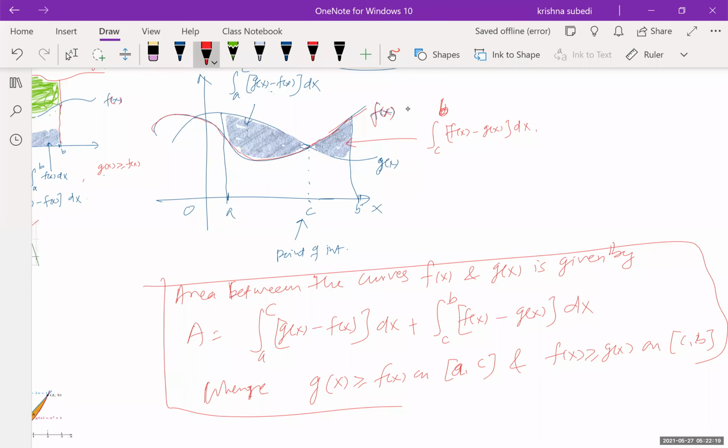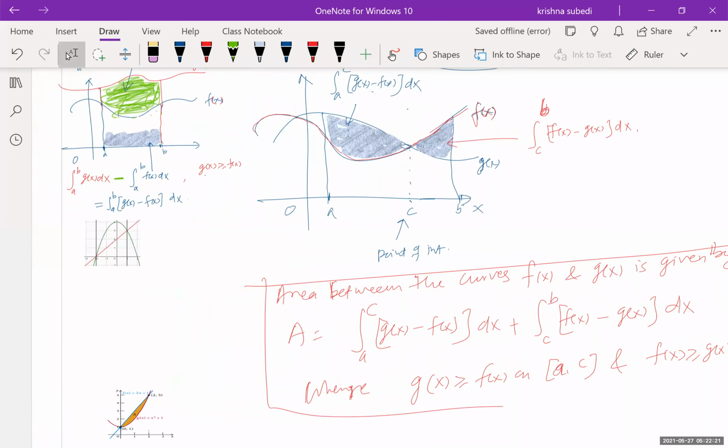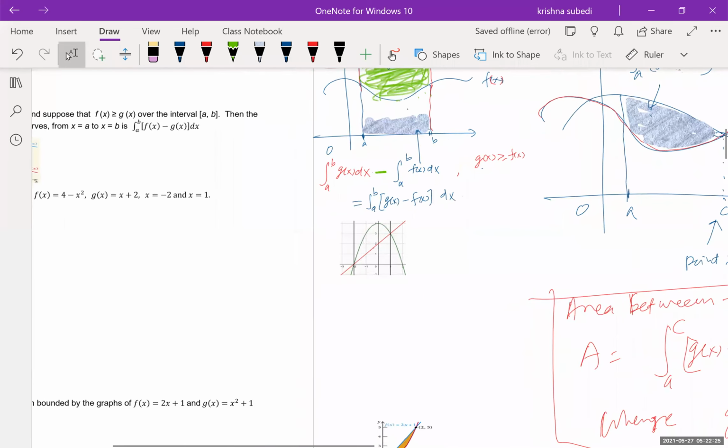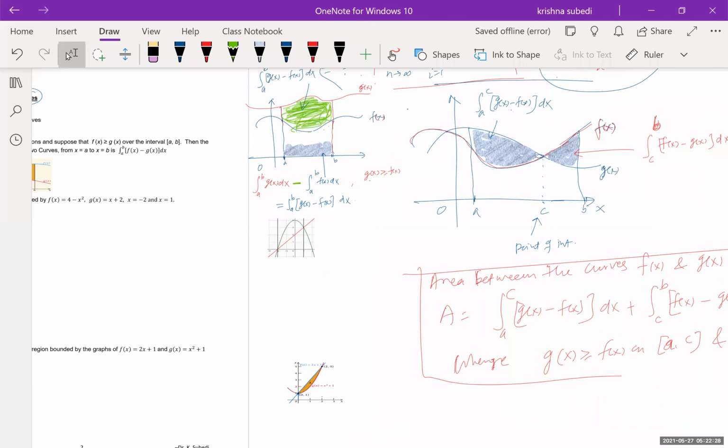So what we notice is that, first of all, we need to figure out which function is bigger, which function is the greater function. And then we can just find the area without difficulties.